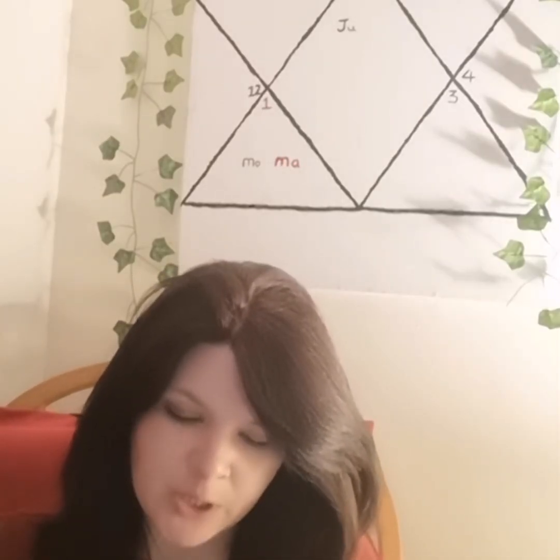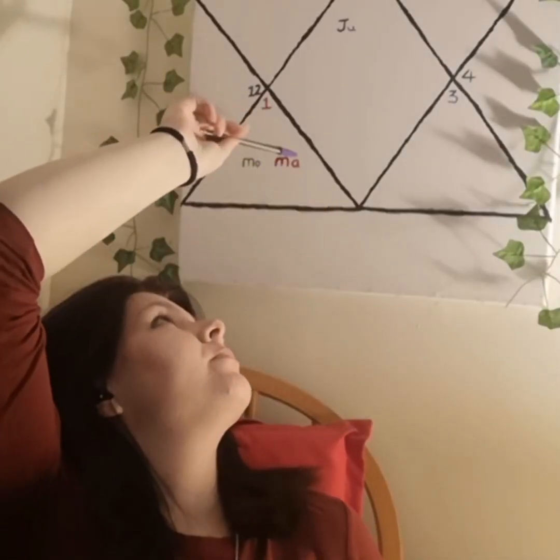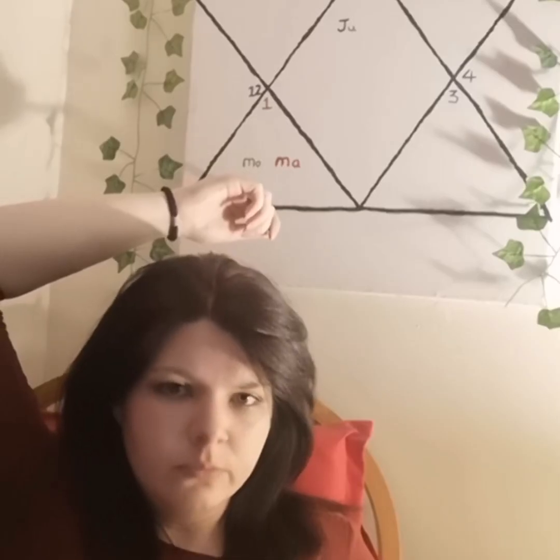So, how do you open it? This is my chart. Here's Mars. I don't know if you can see it very well, but here's Mars in the 6th house conjunct Moon in the nakshatra of Bharani.